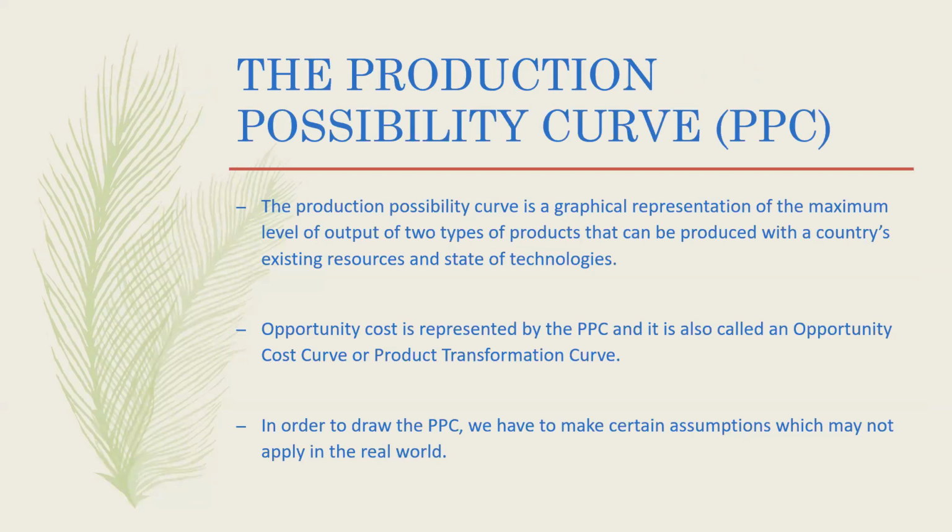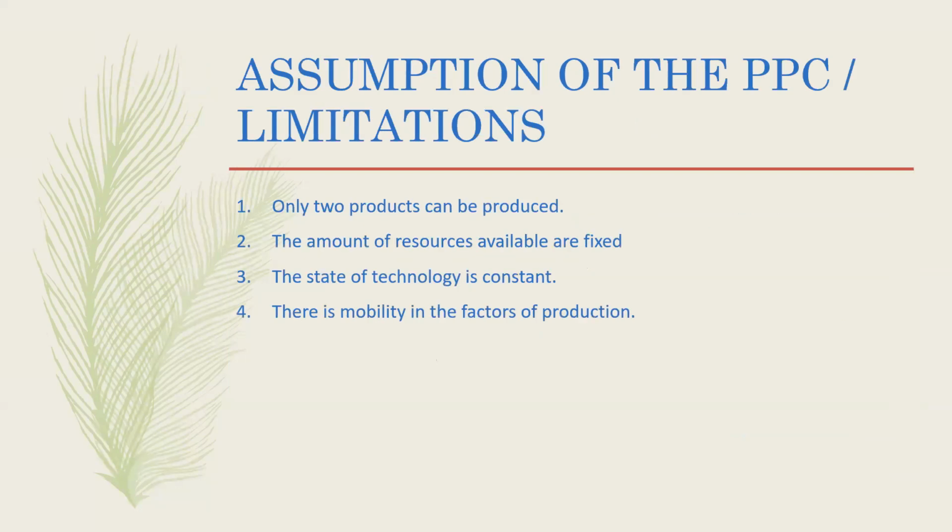We had made assumptions for the production possibility curve because, for us to really analyze the resources, we're just going to assume certain things to derive this diagram. And this diagram will allow us to see: are we being efficient in an economy, or are we not being efficient?